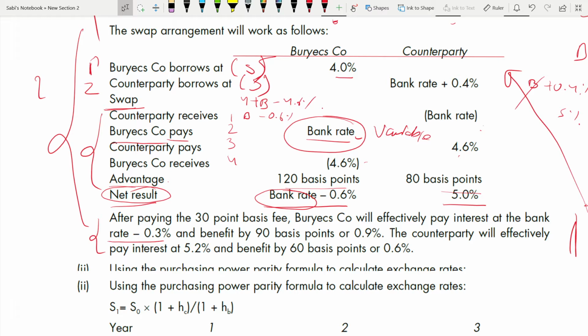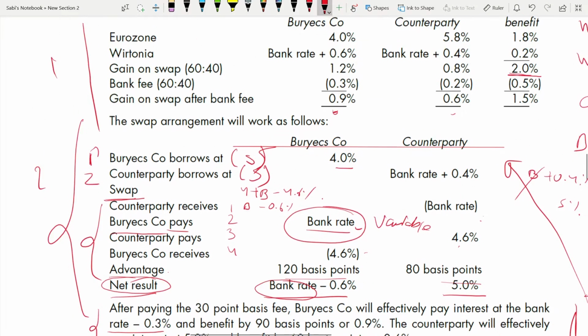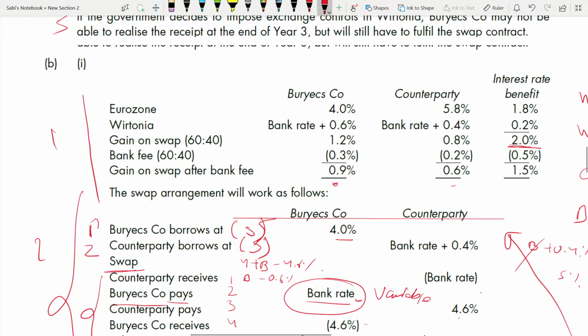Then, and benefit by 90 basis points or 0.9%. Benefit is 90 basis points. Yes, after deducting. Just see, 0.9%.